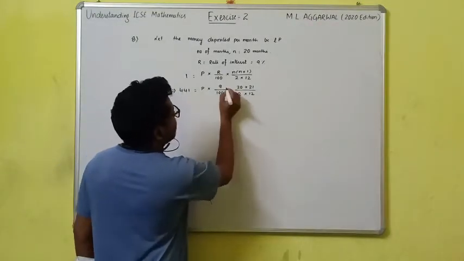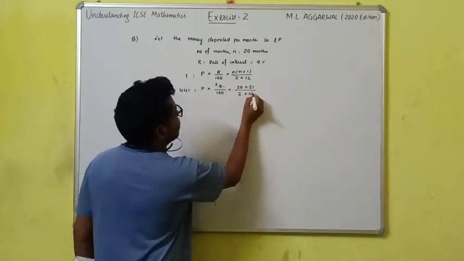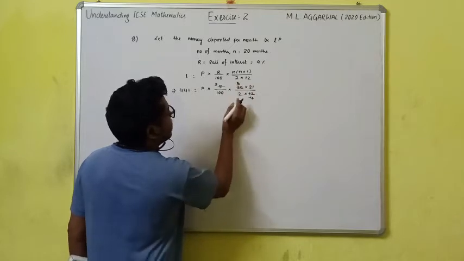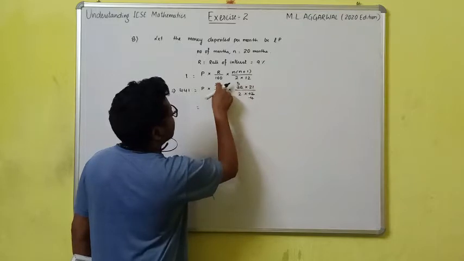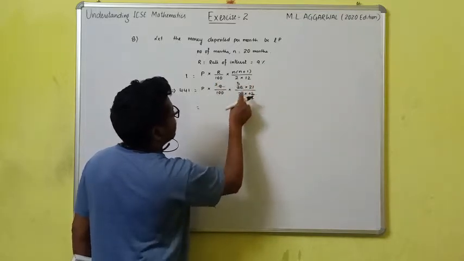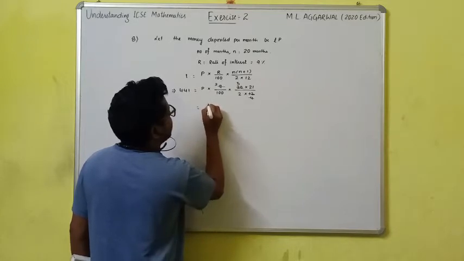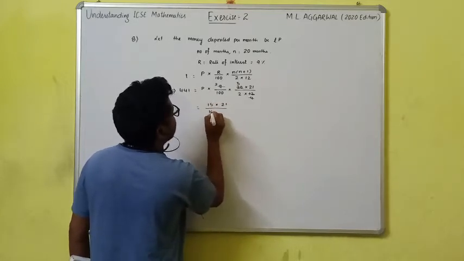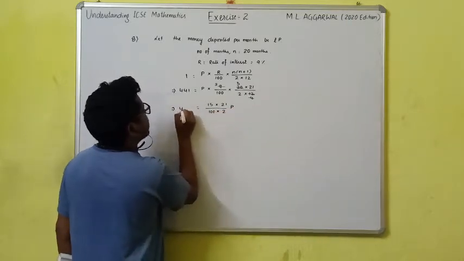Then 3 3s are 9, 3 4s are 12, 4 5s are 20. Then you will get 15 and 21, divided by 200. So here I can write 15 into 21 divided by 100 into 2, P, equals 441.